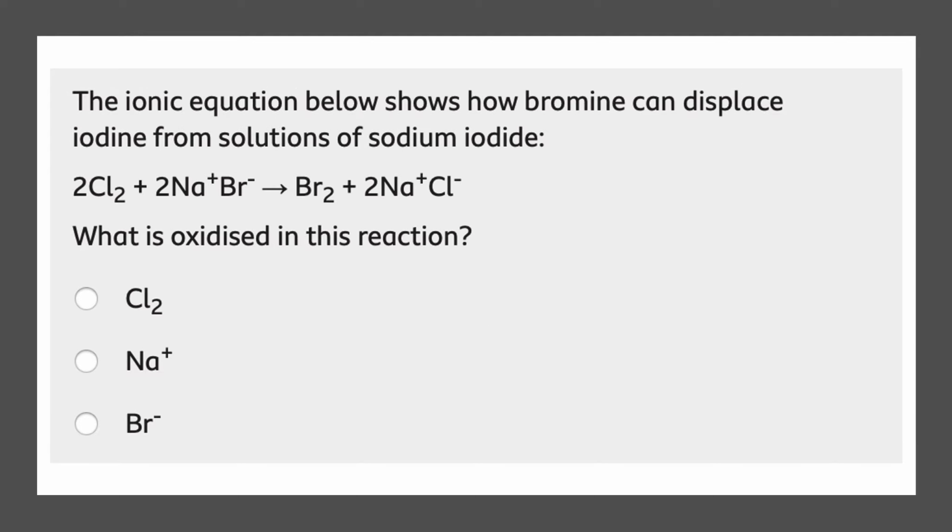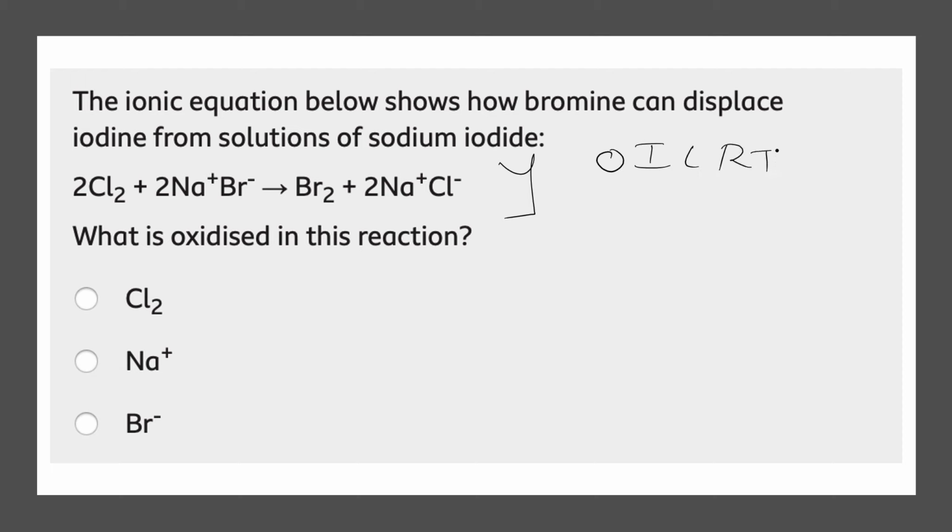Next question, our final question. The ionic equation below shows how bromine can displace iodine from solutions of sodium iodide. So over here we have the ionic equation. What is oxidized in this reaction? So we will study this topic in a later video, but a word that you need to remember is OIL RIG.